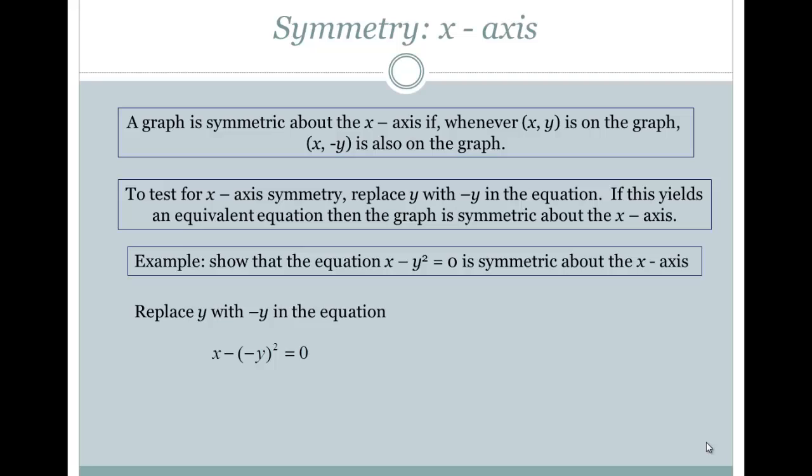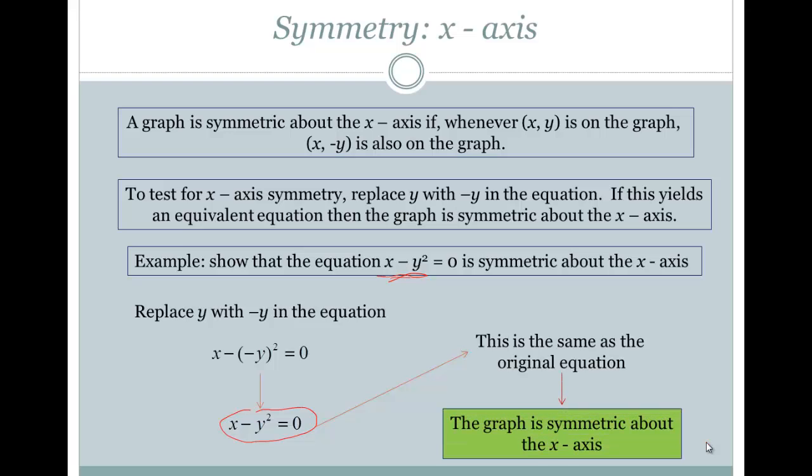Well, we know that because I'm squaring it, I'm just going to get the positive value here, y squared. Okay, so (negative y) squared and y squared is the same exact thing. This is my original equation right there. And because it's the original equation, okay, I can say that this is going to be symmetric about the x-axis.